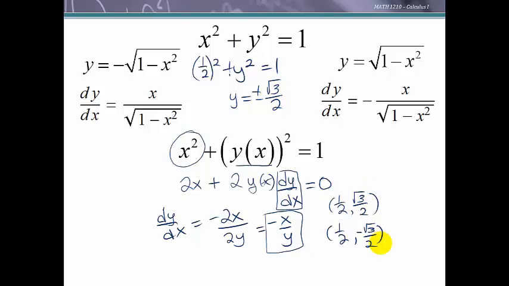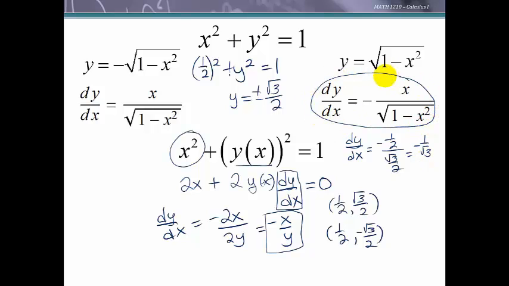So there are two different places where x equals 1/2 on this circle, and now if we want the derivative there, we can simply substitute the x and the y in here and we would have the derivative. So the slope of the tangent at one of the places is negative 1/2 over square root 3 over 2, which simplifies to negative 1 over root 3, which is exactly what we had when we used this piece for the upper half of the circle.